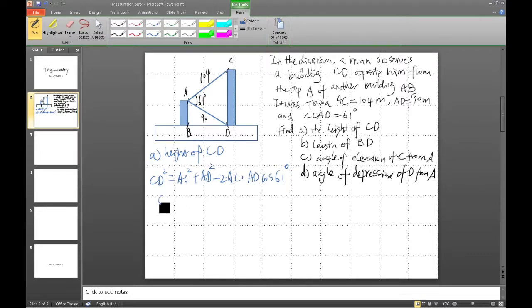So let's put in all the numbers. And after punching the calculator, you should get 99.2 meters.